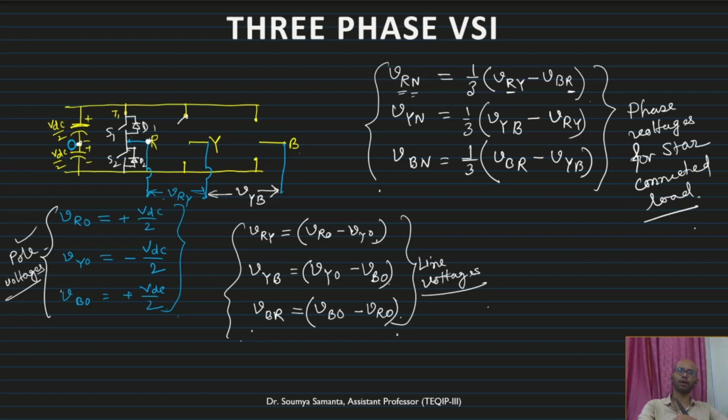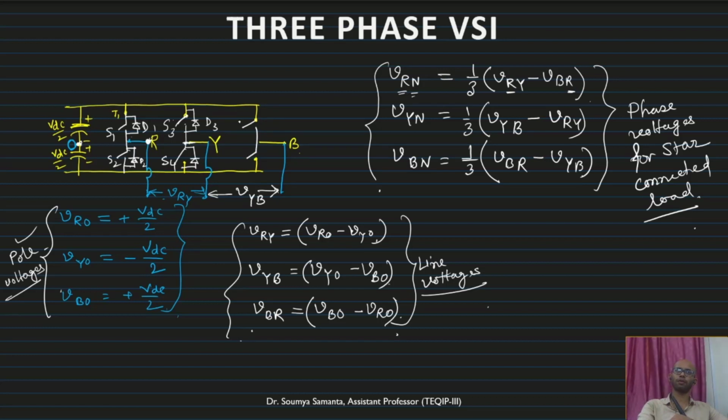Similarly, we can find here S3, D3, and similarly S4 and D4. Due to space I am not writing D4, you can understand it. This is D4.